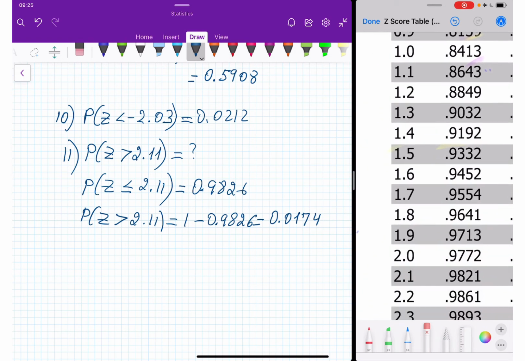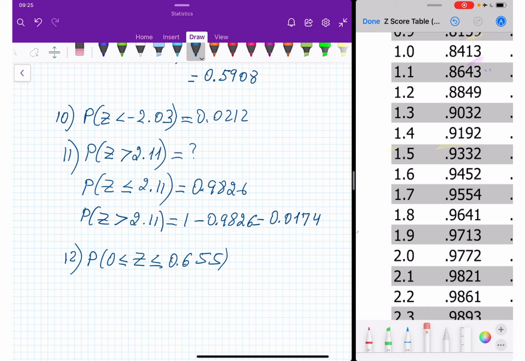Question number 12. Probability for z-score is greater equal than 0 and less equal 0.655.